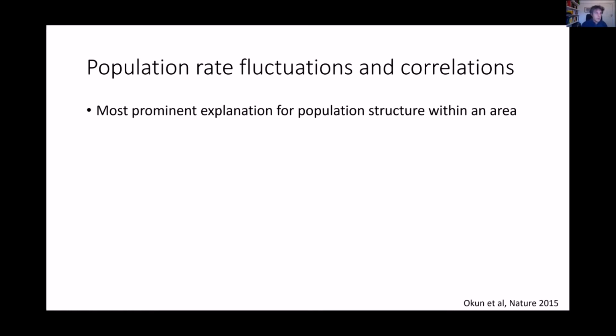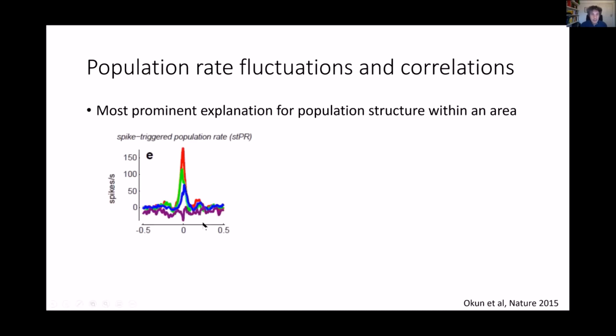And if you don't look at it and realize that, it's going to lead you astray. The first time you see anything, the first thing you have to ask is, could this just be explained by a change in population rate? Or is it something about the individual cells independently? So this is the most prominent explanation for population structure within an area.